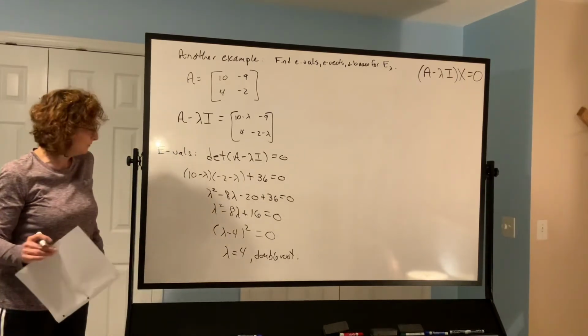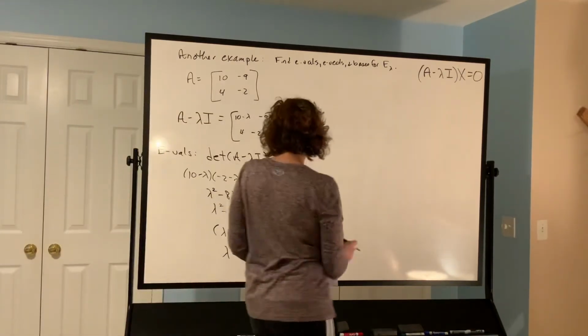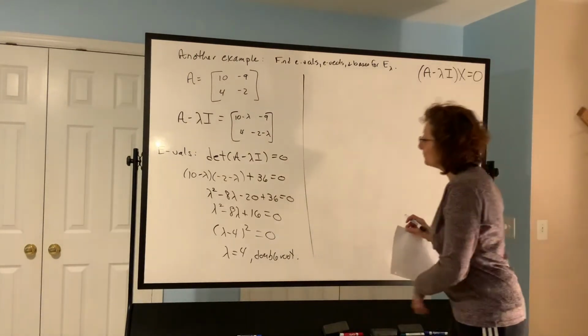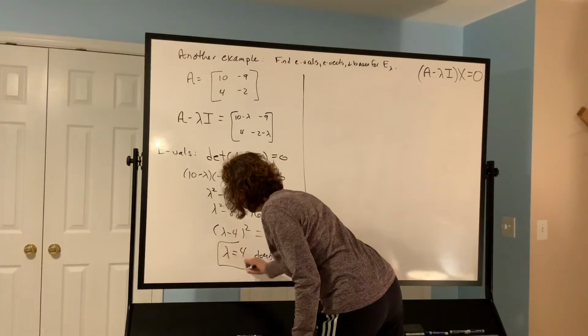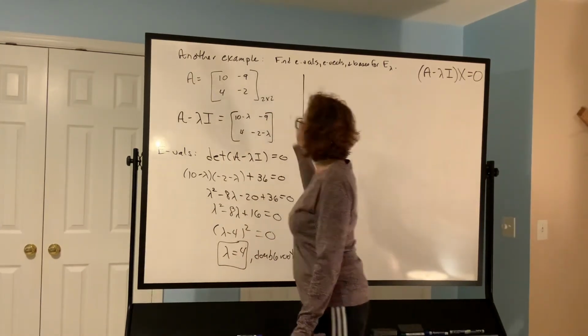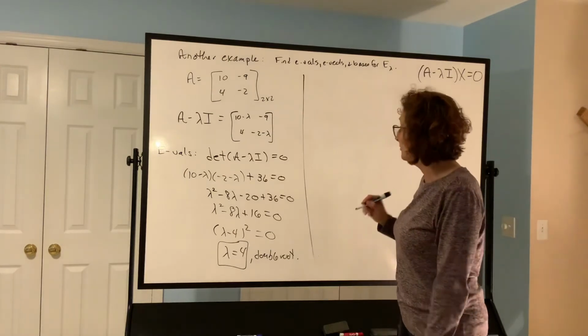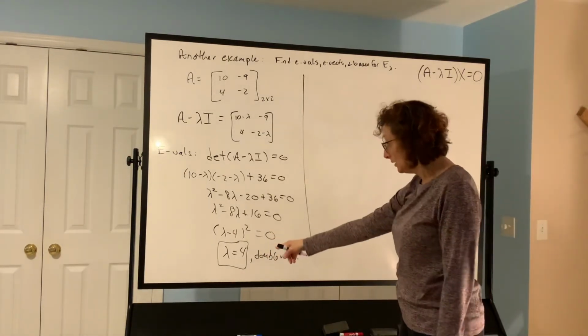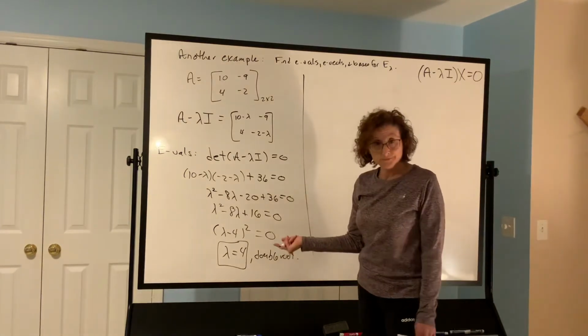You don't know; you've got to go ahead and find out. So this is our only eigenvalue. A is 2 by 2, and this matrix has only one eigenvalue, lambda equals 4, and it's a double root.